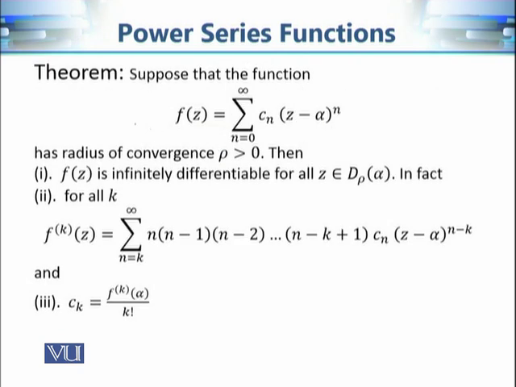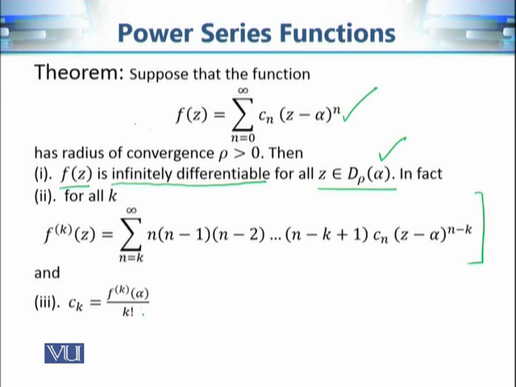Now this is the main result of this discussion, where we are given this power series function. There are three claims in this result. The first claim is that the function f of z is infinitely differentiable for all z in the domain. Rho is the radius of convergence, so this is the domain of this power series function. If it is infinitely differentiable, then the second part says how to find the derivative: the kth derivative can be written in the following form.